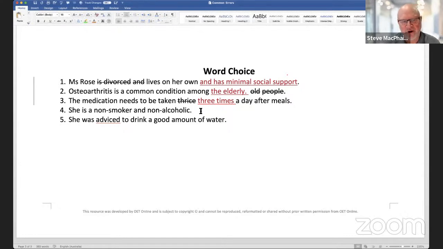She's a non-smoker and non-alcoholic. Now, this one's a tricky one. We can say non-smoker, but can we say non-alcoholic? Is that right? What is an alcoholic? Yes, Omar, not an alcoholic.